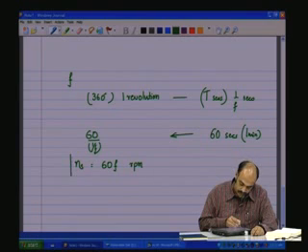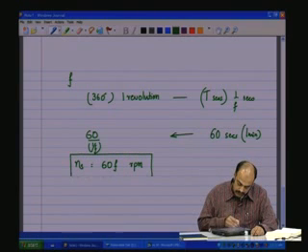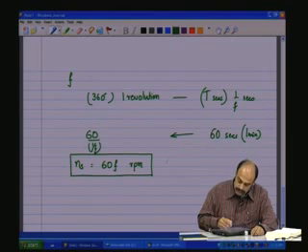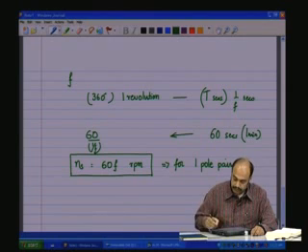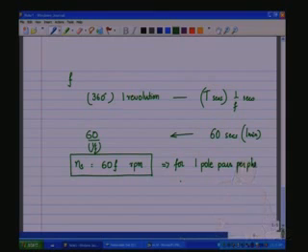Okay, this is your ns. This is for 1 pole pair, one pole pair per phase, or should we say there are two poles per phase.